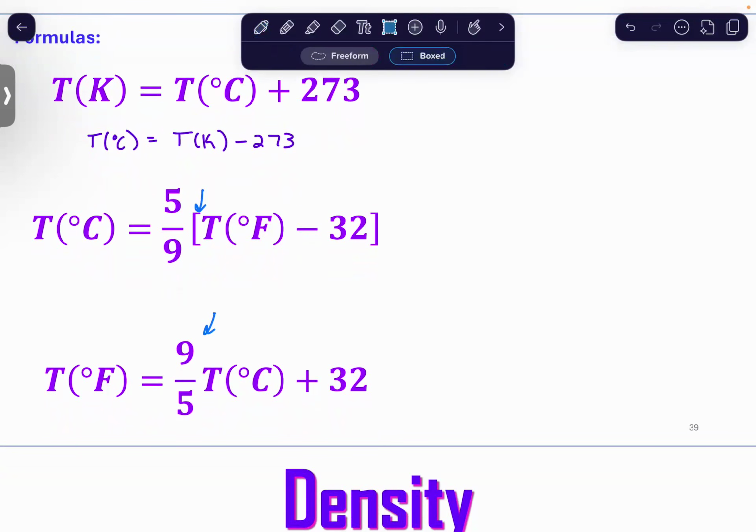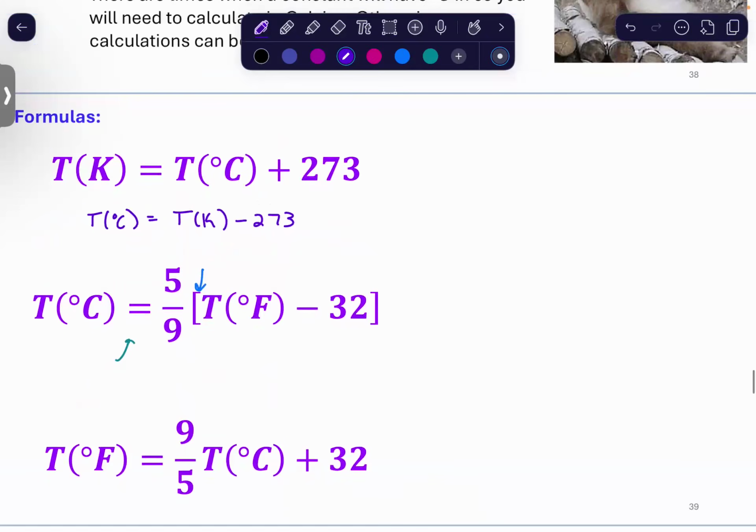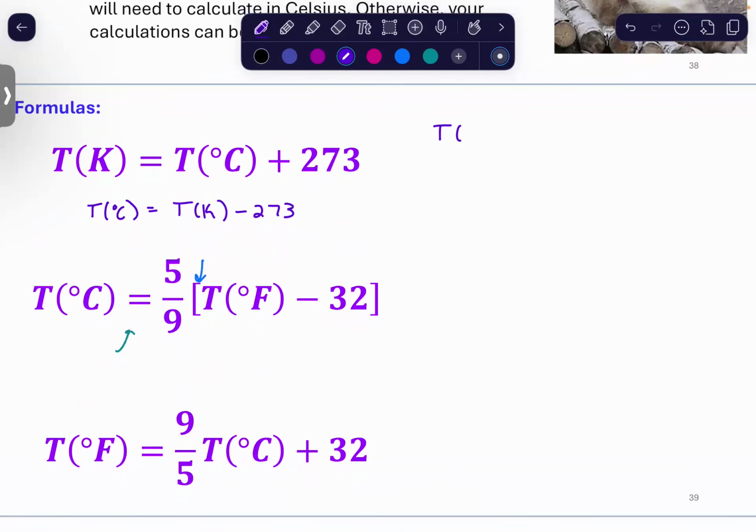Want to make sure that your algebra is up to the point where you know how we get from one to the other. So let's look at our temperature Celsius. How would I convert that to temperature Fahrenheit? Well, the first thing I'm going to do is divide both sides by 5/9.